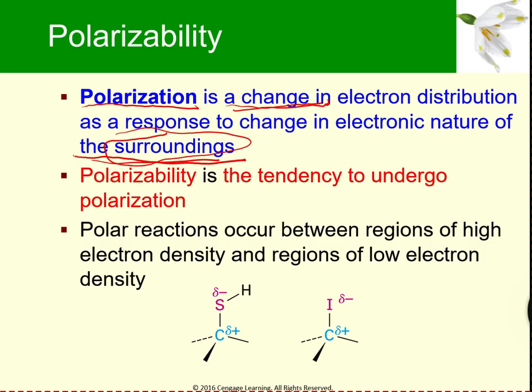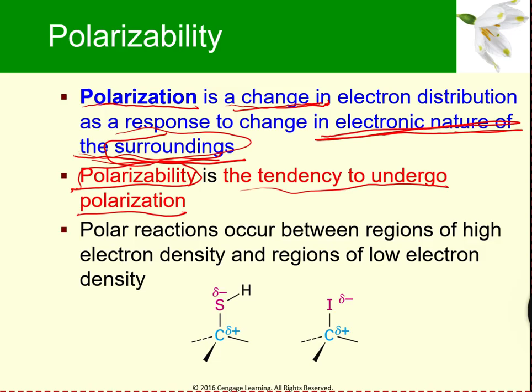And polarizability is the ability to polarize, a tendency to undergo polarization. If you have a high polarizability, it has a high tendency to undergo polarization. It is not polar under certain surroundings, but when the surrounding is changed, that change of surrounding can cause the polarization.